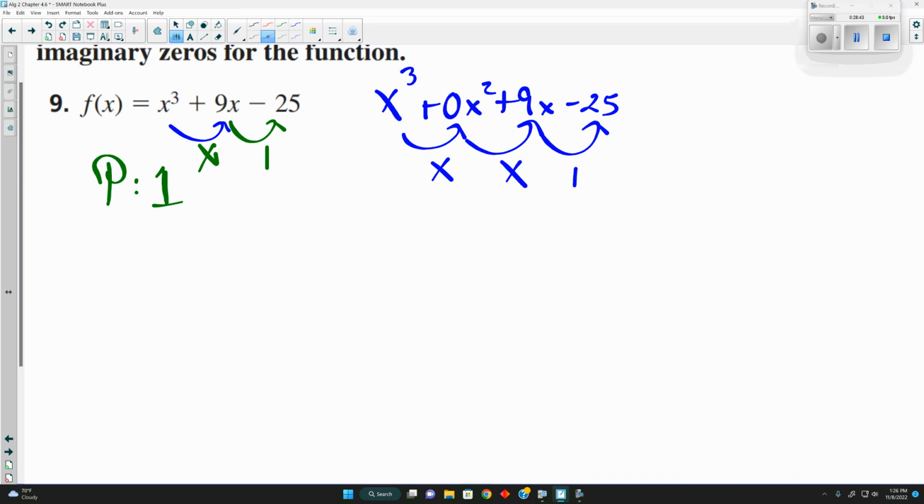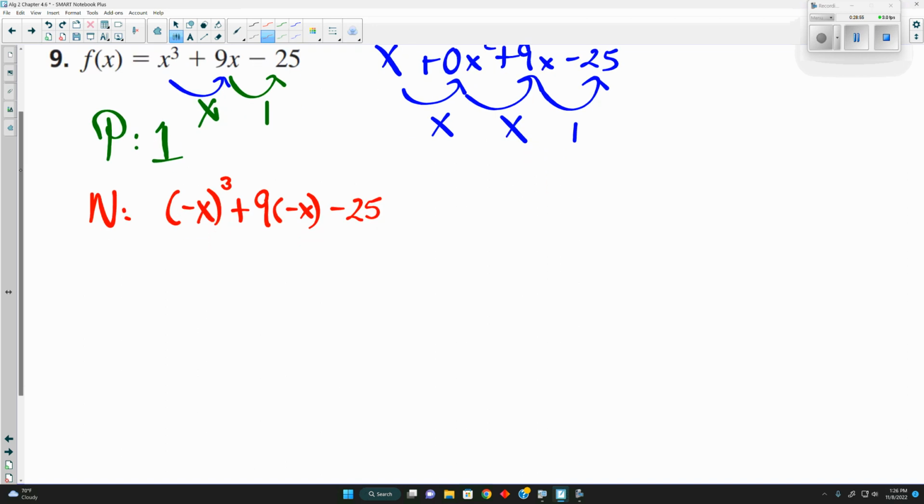For our negatives, well, we'll have negative x to the third plus 9 times negative x minus 25. Well, negative x to the third is, well, negative x to the third. We changed the sign from positive to negative. X to the first is odd, so it'd be minus 9x minus 25.